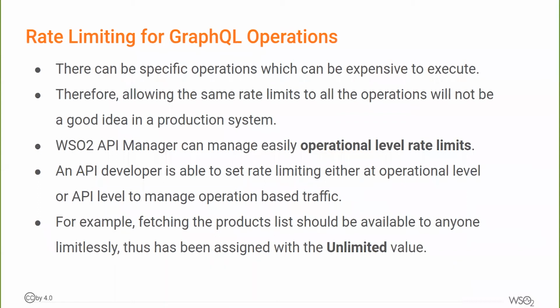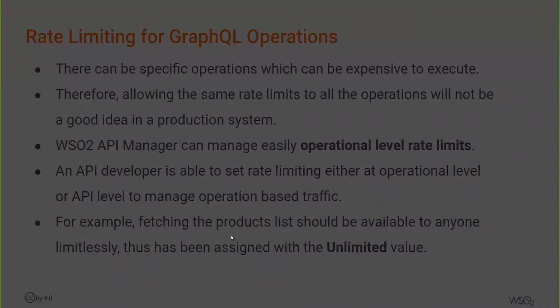WSO2 API Manager can manage this easily and provide you operational level rate limits. The API developers are allowed to set rate limits for individual GraphQL operations or for the entire API to manage the operation-based traffic.